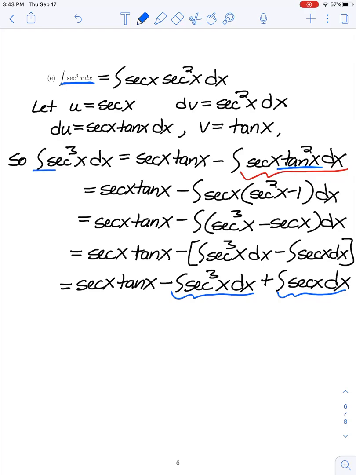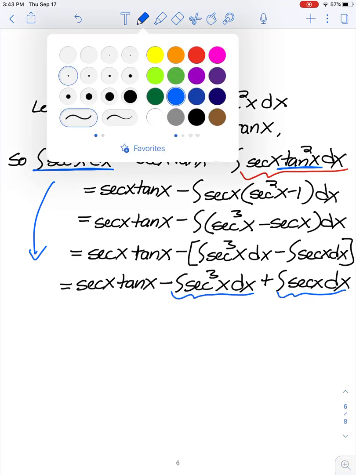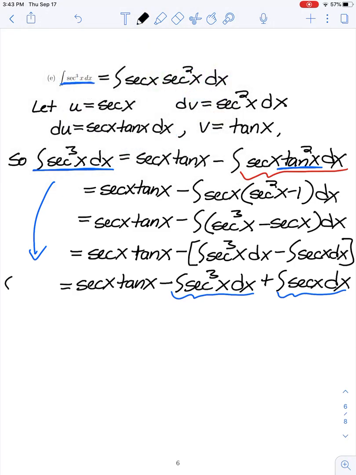That is the integral on the left-hand side of our equation here. So let me copy that down below. We have the integral of secant cubed x dx is equal to the following expression. So I see this same integral appear on both sides of the equation. So I get something similar to a loop integral that we had considered when we talked about integration by parts.